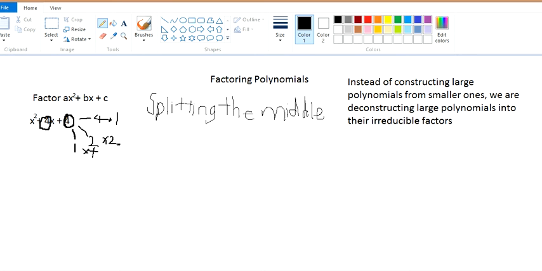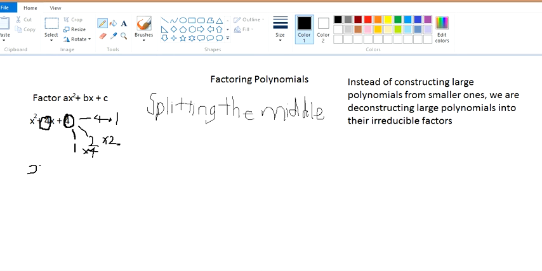So we are looking for two factors of 4 that will add up to give us the b value, which in this case is 4. So let's see, would 1 and 4 work? Well, obviously they add up to 5, so that's not going to work. 2 and 2 works. So let's split the middle term into two terms that add up to 4 and multiply to give us 4.